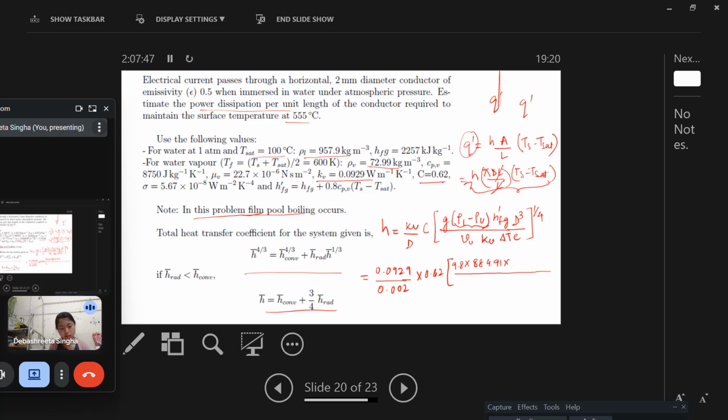884.91 into h_fg prime. So this is given by h_fg plus 0.8 c_pv into (Ts minus T sat). For this, we again need to find h_fg. Okay, we have to calculate all this first.